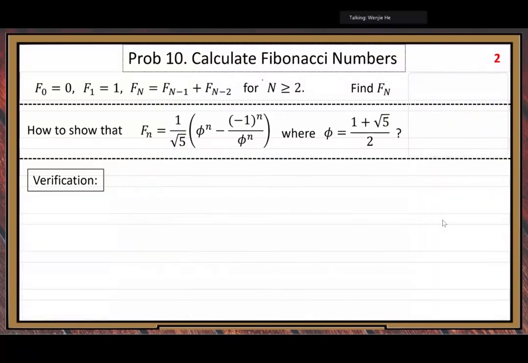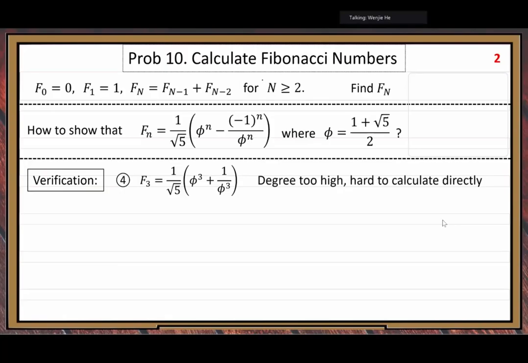Continue verification, case number 4. This time, phi cube. So calculate phi cube. We do not want to do the straightforward calculation. Here we will take some smart way to do the calculation and simplification.